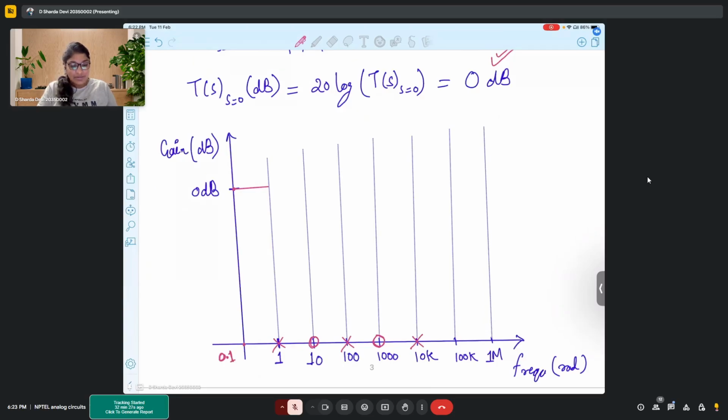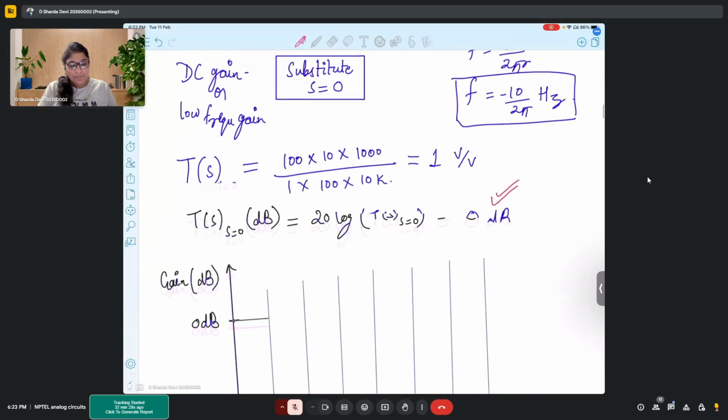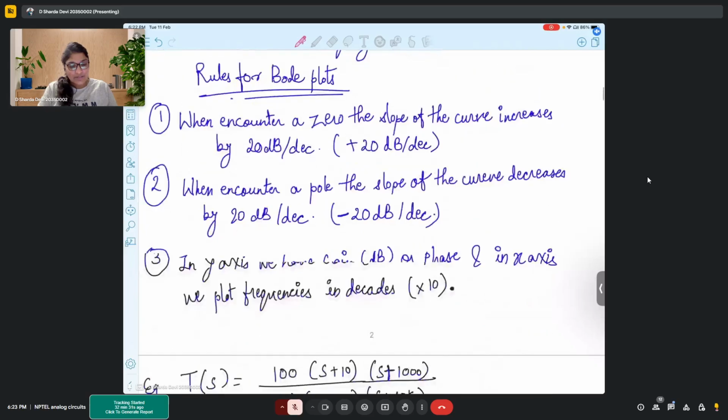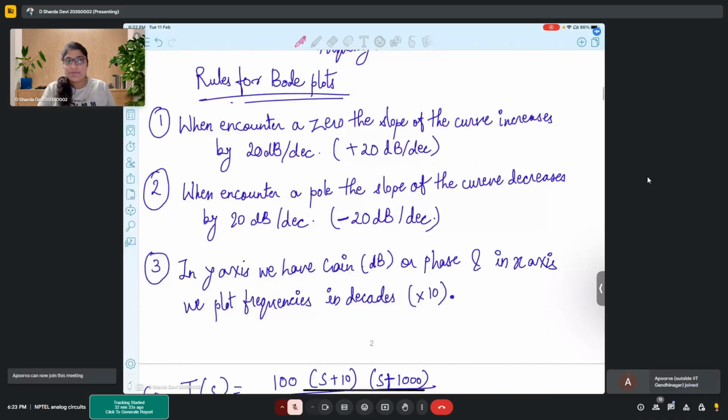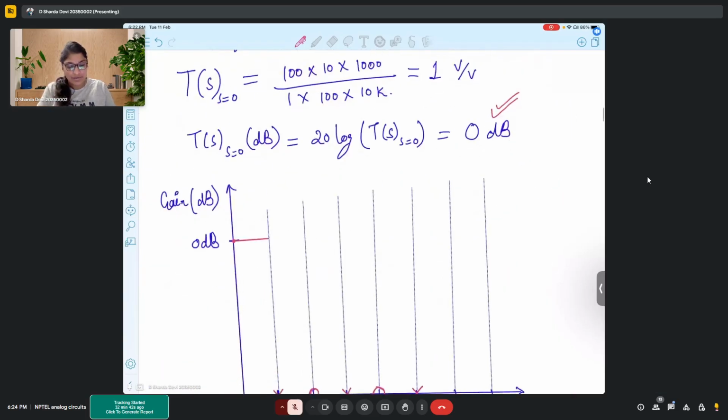So when you encounter a first pole at 1, your slope changes by minus 20 dBs per decade. Correct? So until now your slope was 0 dBs per decade. Now your slope changes by minus 20 dBs per decade. What does that mean?